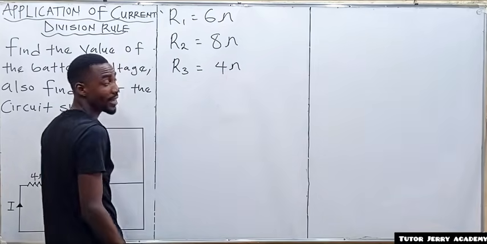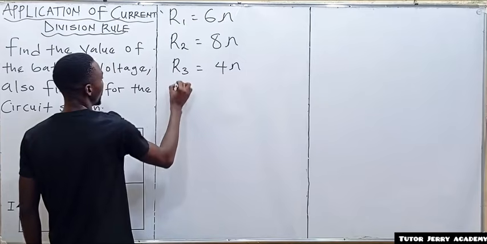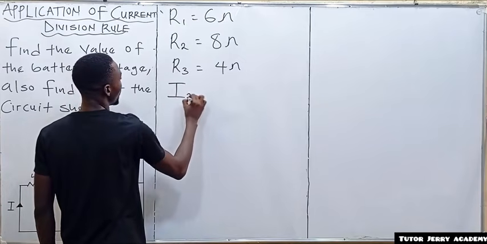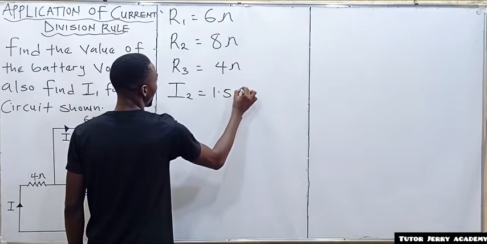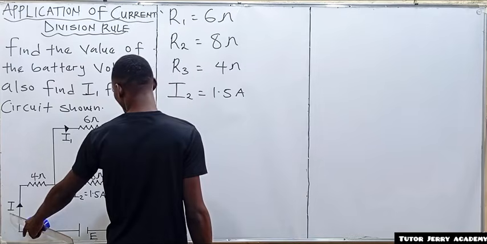All right, so that is what we have. We are given I2, the current across the second resistor, to be 1.5 amperes. But we don't know I1, so we also don't know I.